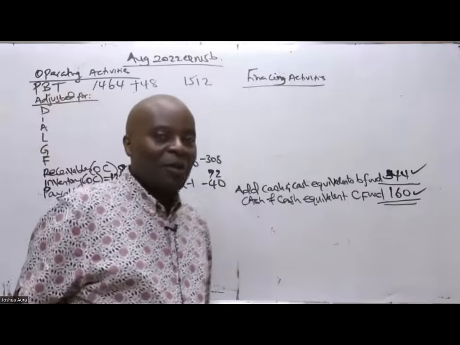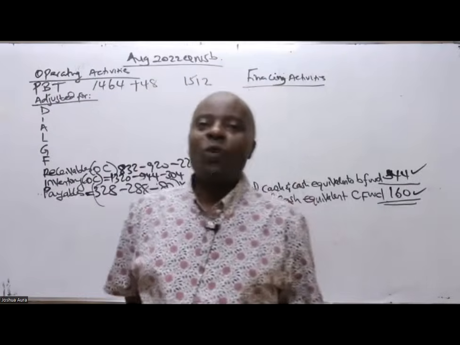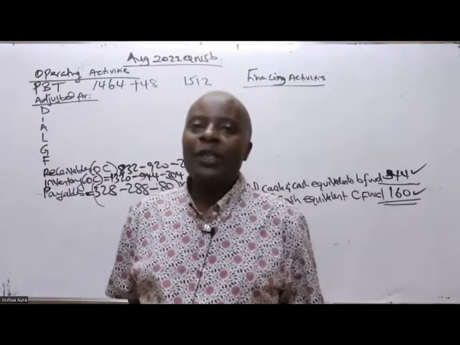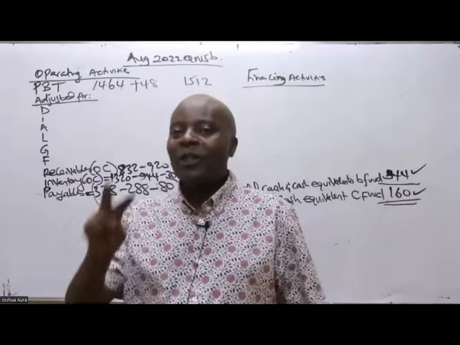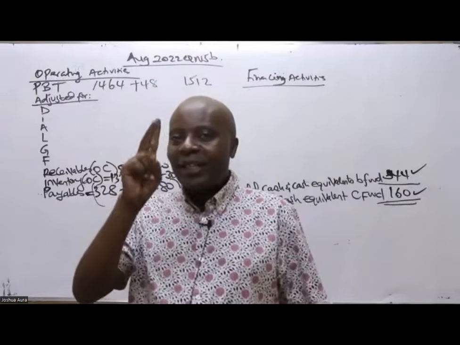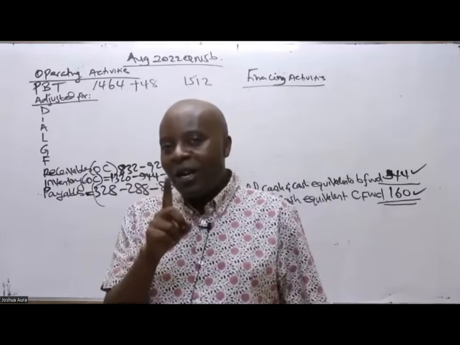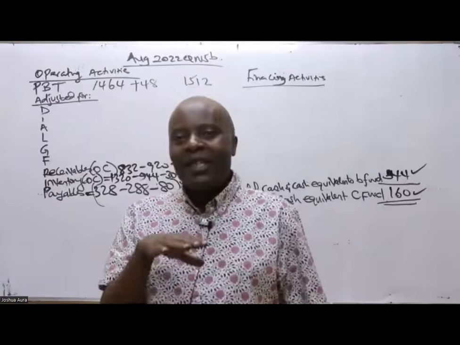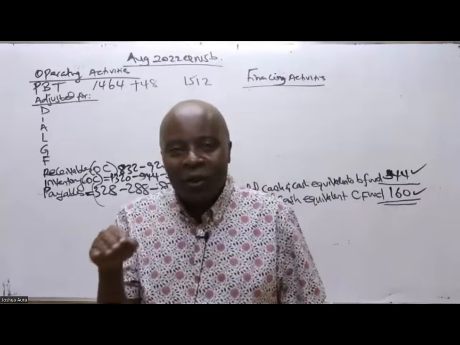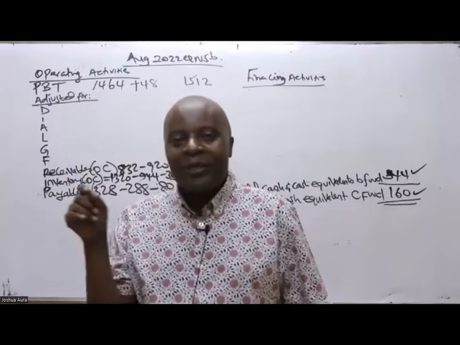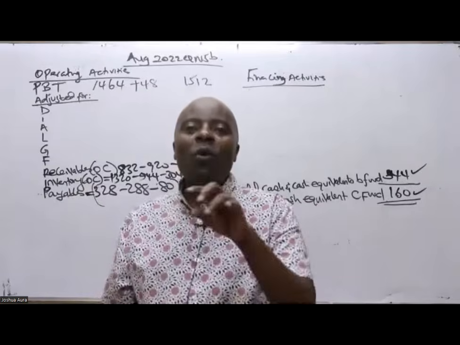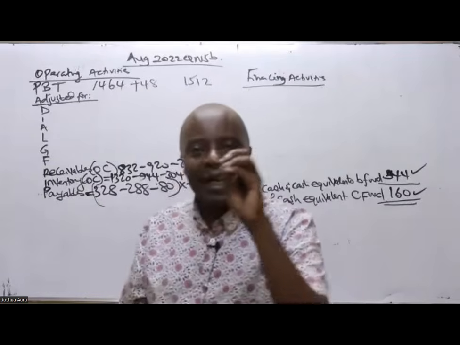Remember, whenever this examiner wants to complicate life for students in cash flow, they'll give you two subsidiaries: one acquired in the year and another one disposed. There is no reason to worry at all. If it's the payables of the one that was acquired, you add.